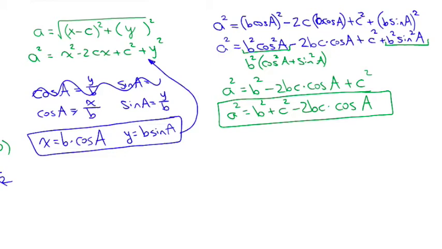Now if I change a few of the letters around, so it looks a little bit more recognizable for you, instead of A, I'm going to replace it with C. So if I replace A with C, what do you think the other side becomes? It's not going to be this, because you can't have C squared on both sides. It'll just cancel out. So if I change A into C, what does B change into?